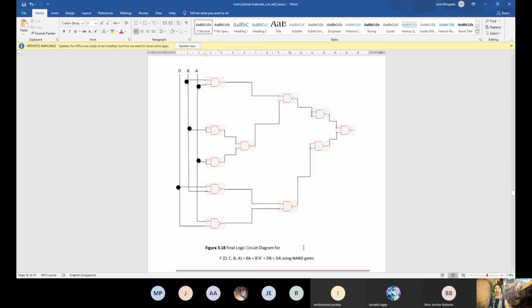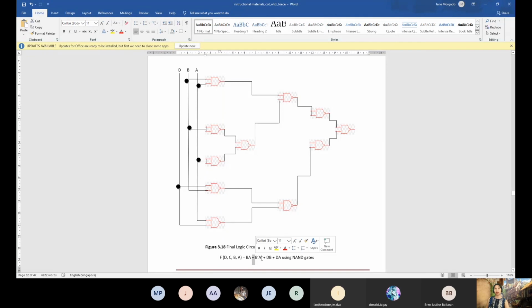Whereas if you're going to implement this using AND or invert, you need AND gates and an inverter. So how many AND? 3 AND gates, so one IC. 3 OR, so still one OR gate and one inverter. So still 3 gates.